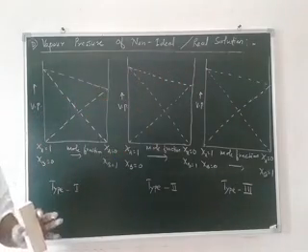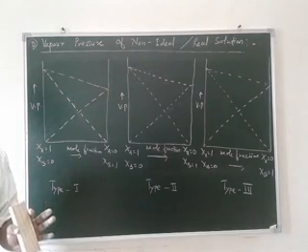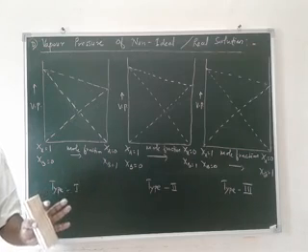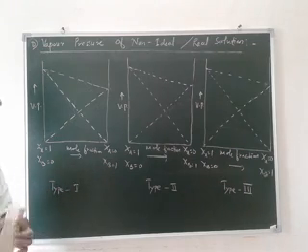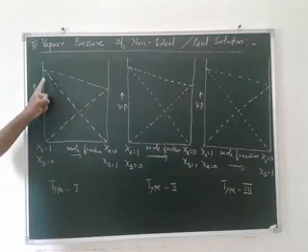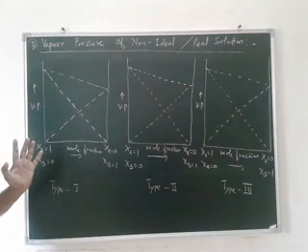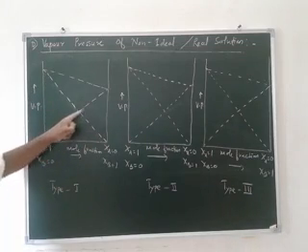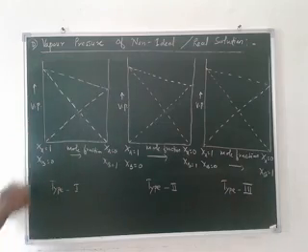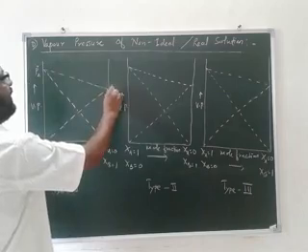And we know the graphical representation for the ideal solution. What is the graphical representation? If we plot the graph of vapor pressure against the mole fraction for A component, the nature of the graph is a straight line. For B component, the nature of the graph is a straight line. P0A, P0B.